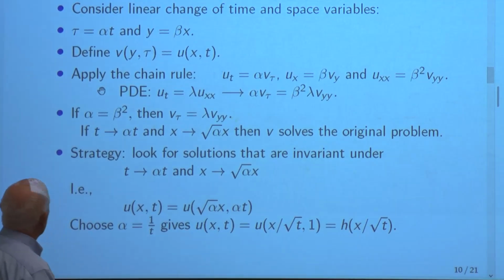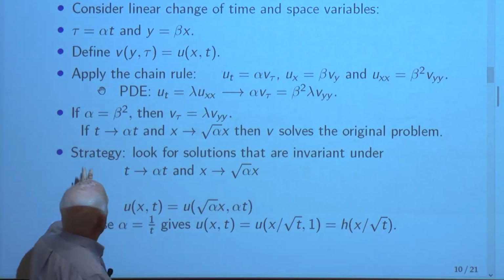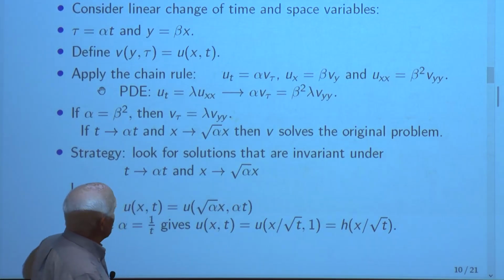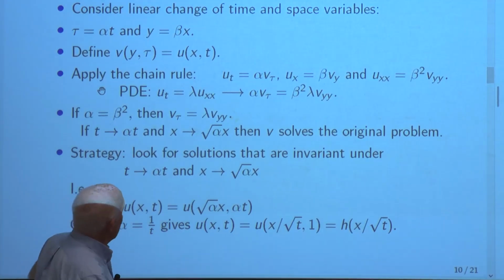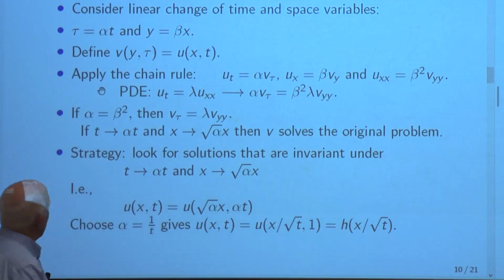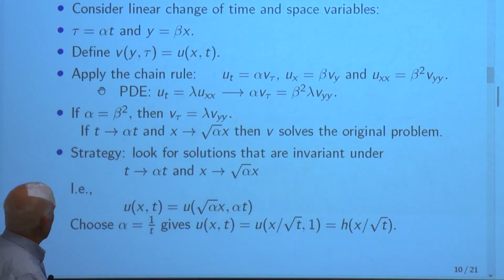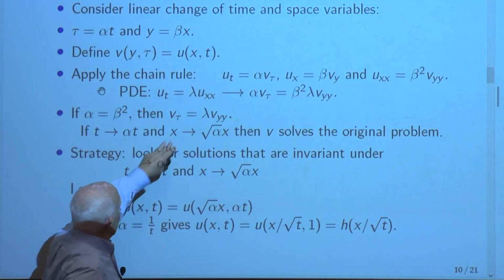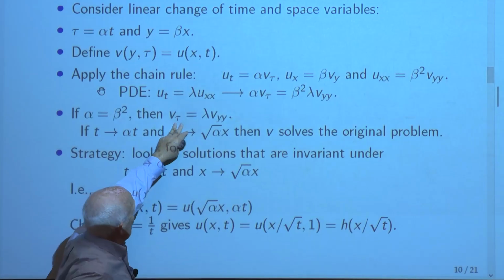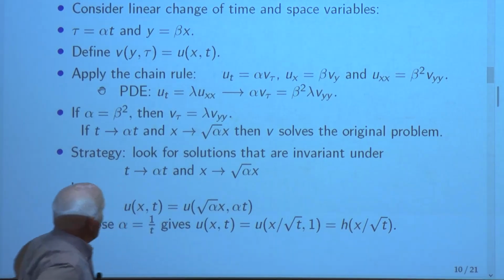And if alpha equals beta squared, so if we're free to choose alpha and beta arbitrarily, we could choose alpha equal to beta squared, and we then get v tau is equal to lambda vyy.